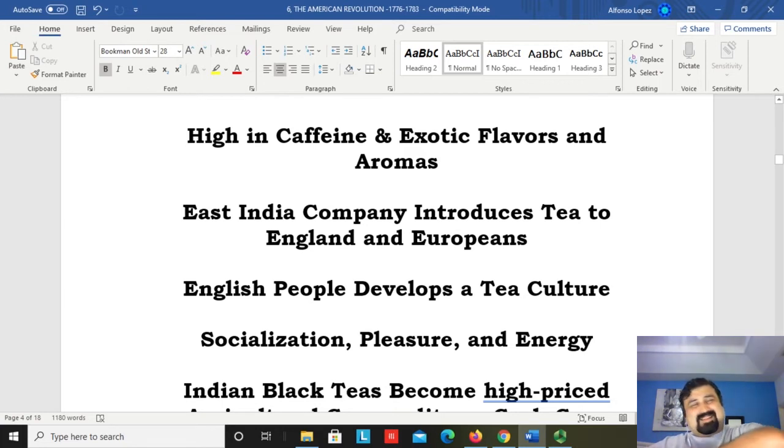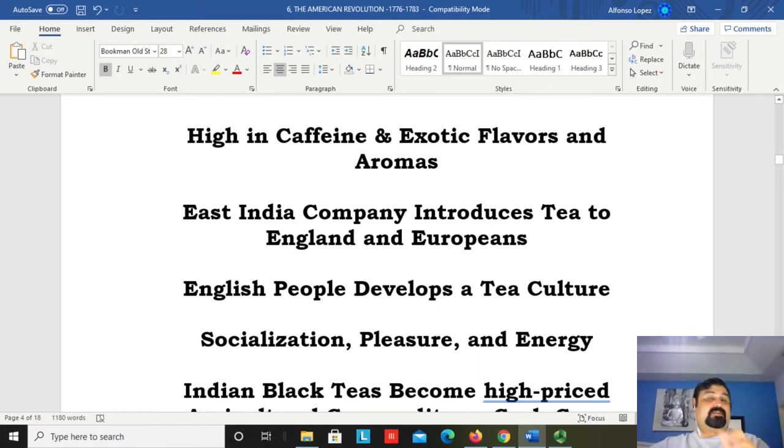So not just the nobility, but literally all the social groups of English society will find it more and more accessible, just because there's so much tea being imported now by the East India Company that everybody's becoming very fond of drinking tea. And a tea culture is on the rise, okay?